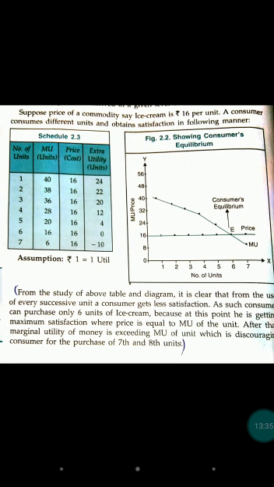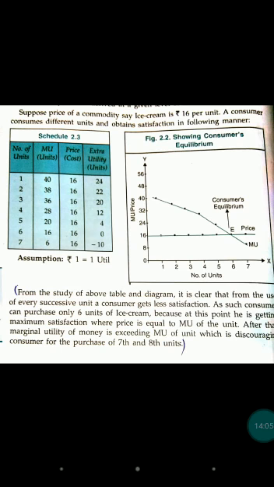And we are saying here that at unit 6 our price PX is equal to MUX. After that, the marginal utility of money MUM exceeds the MU of the unit, which discourages the consumer from purchasing the 7th and 8th unit. So this is the example in the case of one commodity.